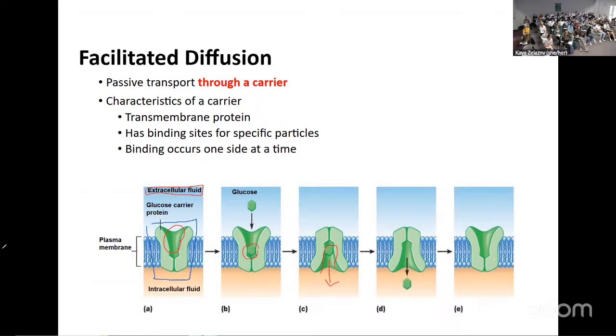So this is going to happen one at a time, right? So you're going to have one glucose binding in on that side where the extracellular fluid is. So glucose is coming in on the outside of the cell, binds to our carrier protein. Once we have one glucose in there, that carrier protein changes shape and spits glucose into the cell. So one side at a time.